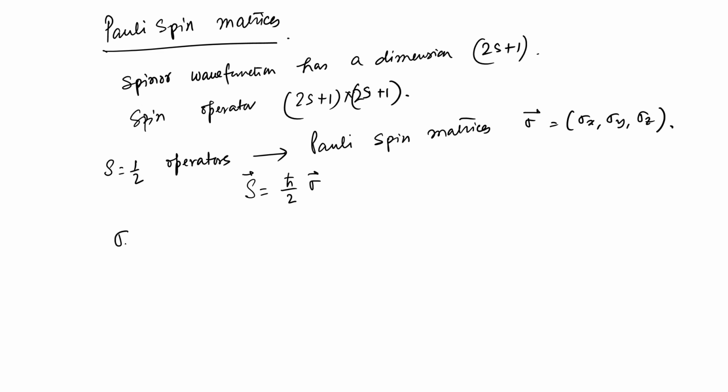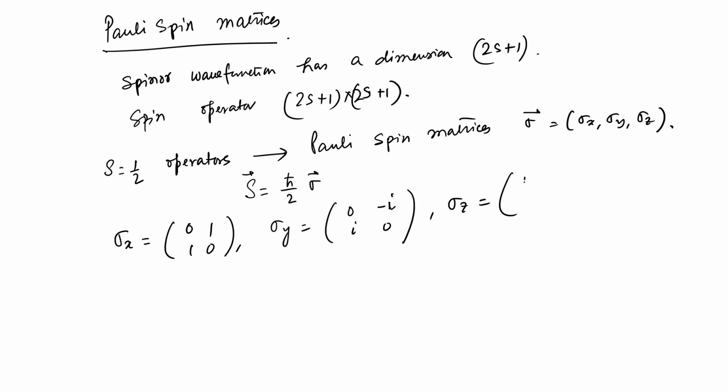So the three Pauli spin matrices are, sigma x equal to 0, 1, 1, 0; sigma y equal to 0, minus i, i, 0; and sigma z which is diagonal, 1, 0, 0, minus 1.